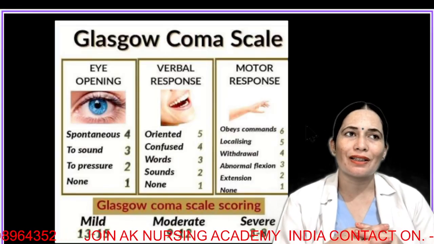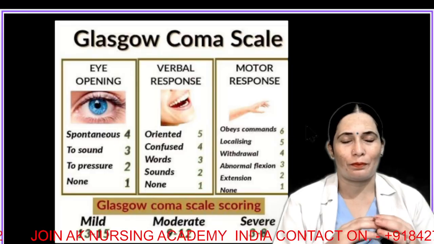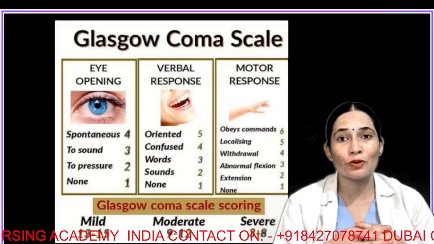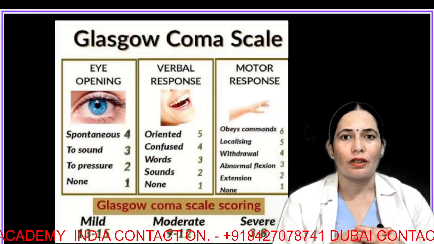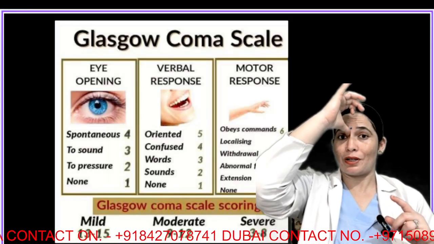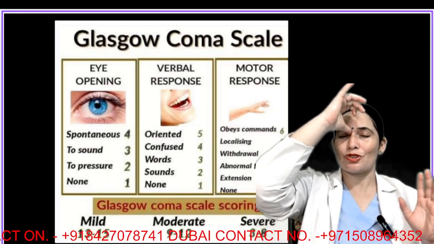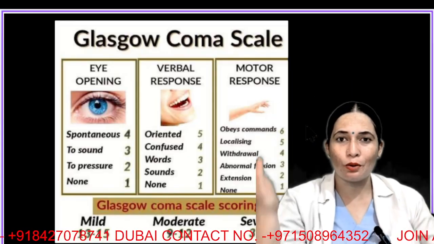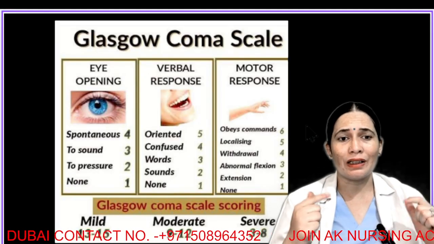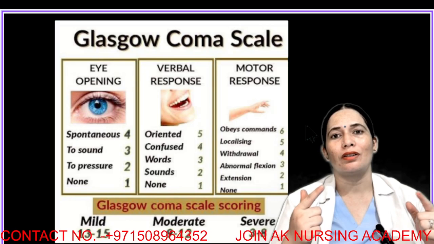The next one is supraorbital pressure. We use our thumb, put it here and apply pressure gradually. We check how the patient responds to this pressure. The next one is the sternal rub.